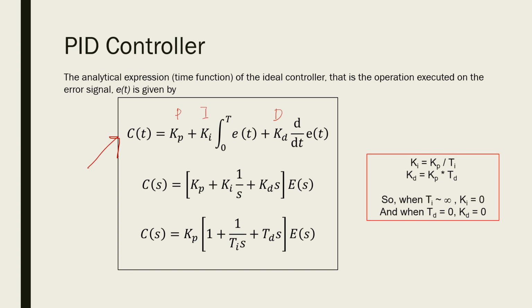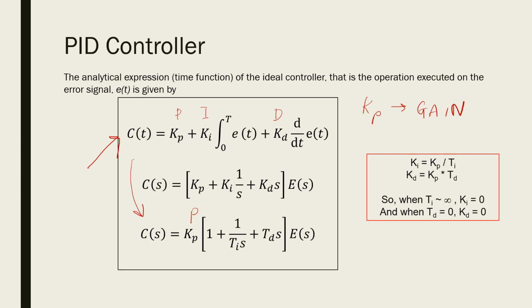And it can also be written as this one, where if you bring out the Kp, which is the P controller gain, so Kp is actually a constant, or we call it gain. Okay.